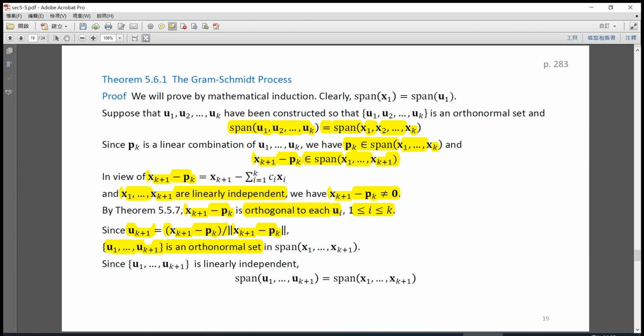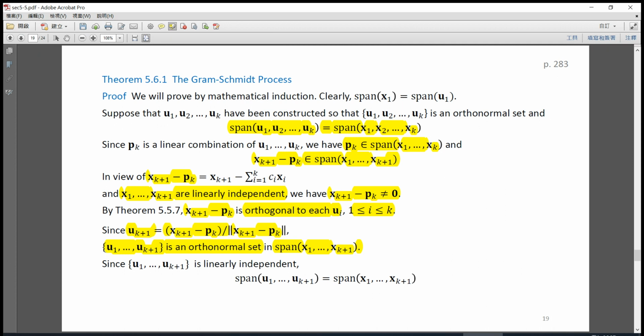And we also have uk plus 1 is in the span of x1, x2, up to xk plus 1 because uk plus 1 is a linear combination of x1 up to xk plus 1.